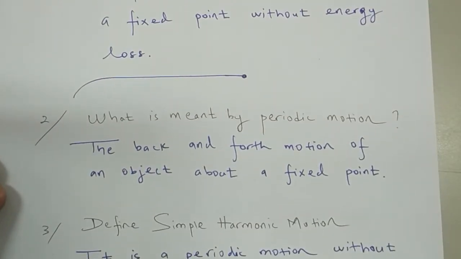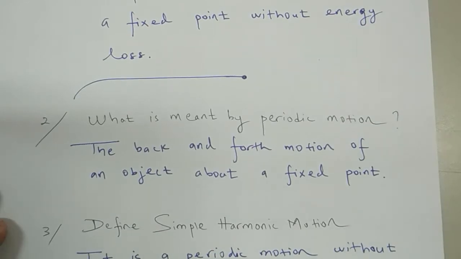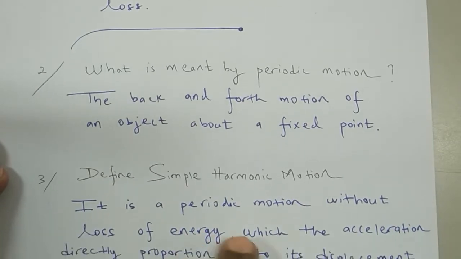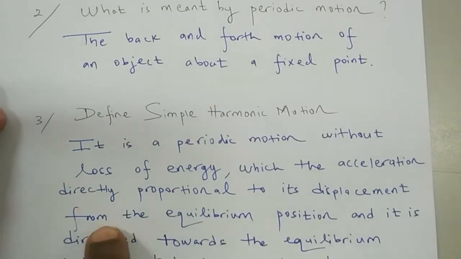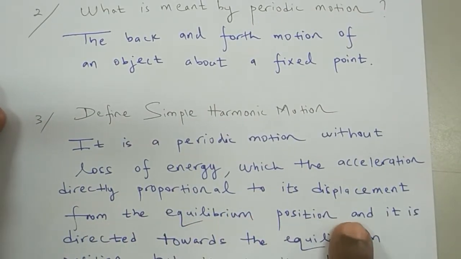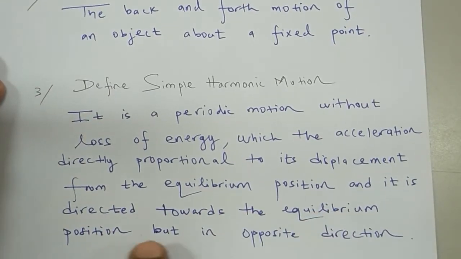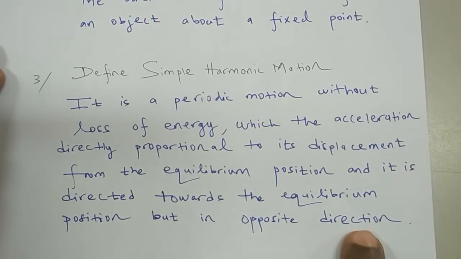Define simple harmonic motion. It is a periodic motion without loss of energy, in which the acceleration is directly proportional to its displacement from the equilibrium position, and it is directed towards the equilibrium position but in the opposite direction.